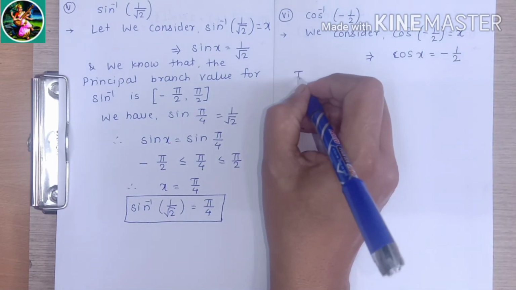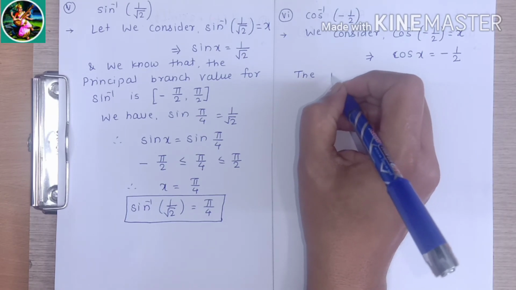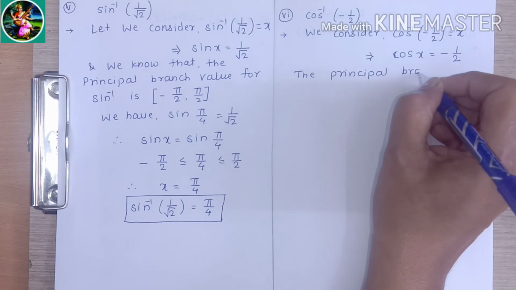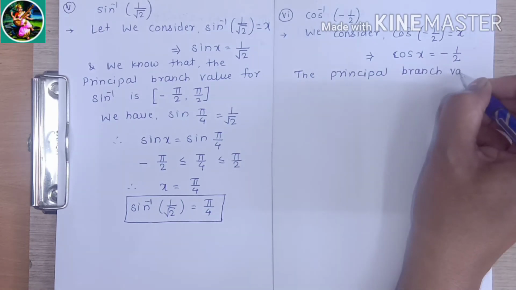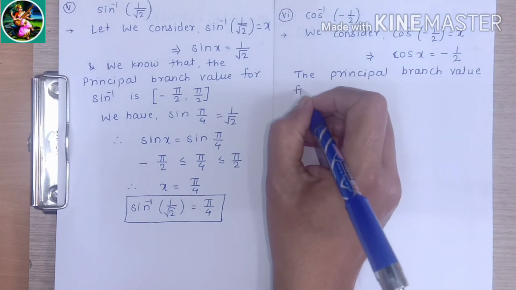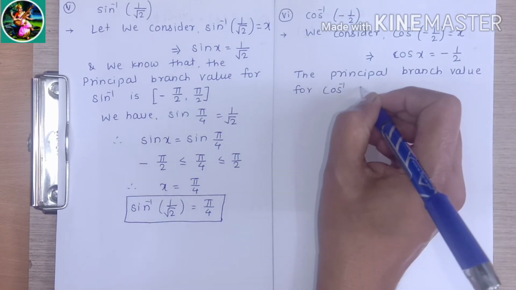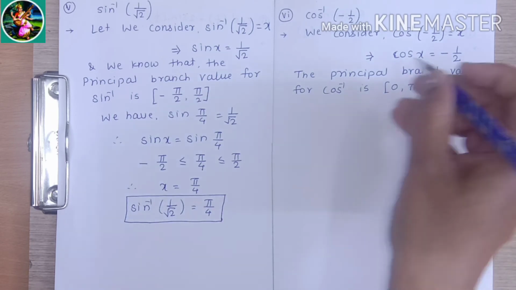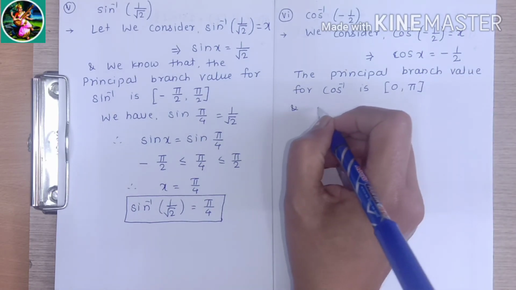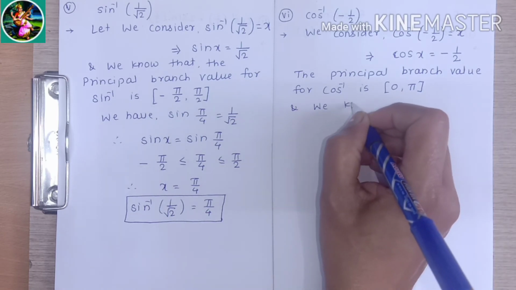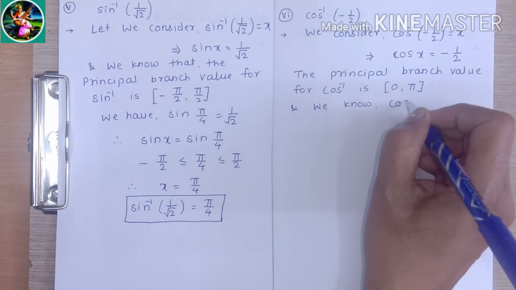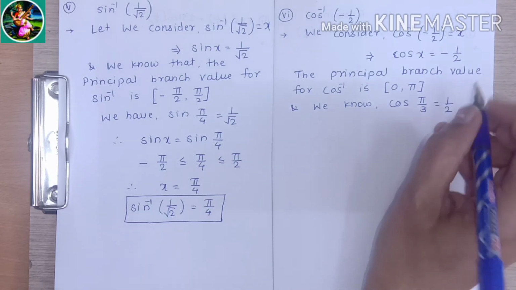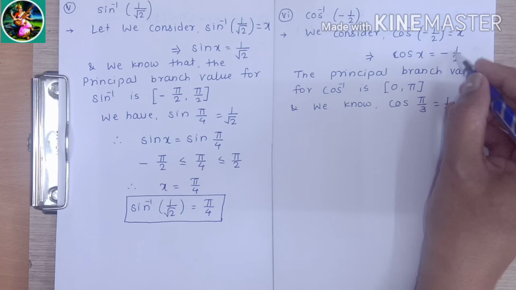The principal branch value for cos inverse is the closed interval 0 to pi. Okay, and we know that cos of pi by 3 is equal to 1 upon 2. Okay, but we have here minus 1 upon 2.